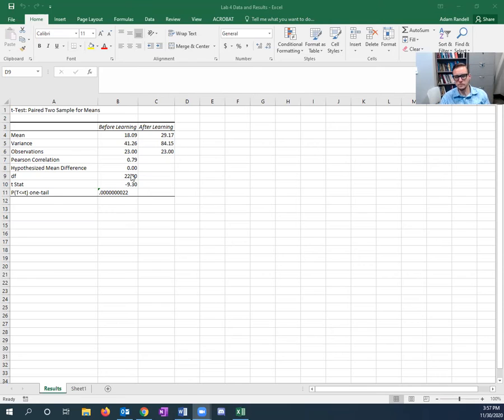You can see the mean number of words people heard before learning, so before they heard the undiluted section from the book, and then the mean number of words after they heard the undiluted section of the book. And that difference was statistically significant.